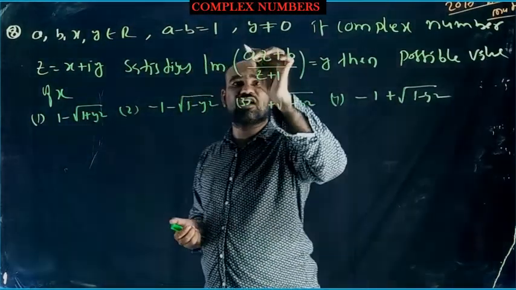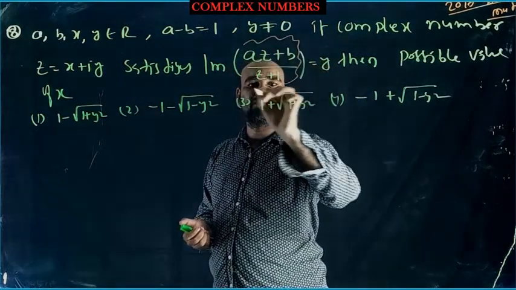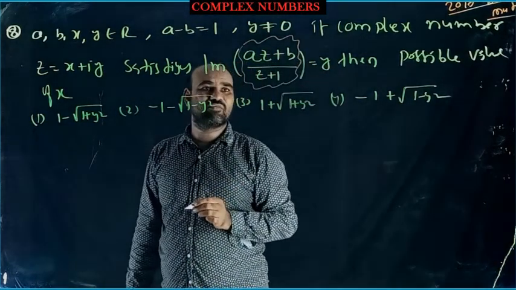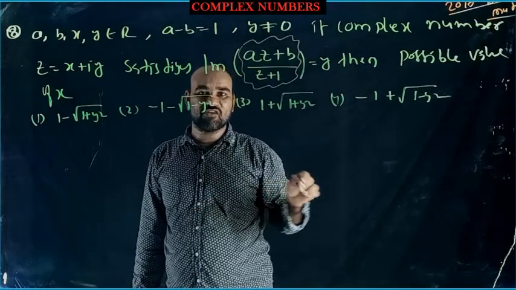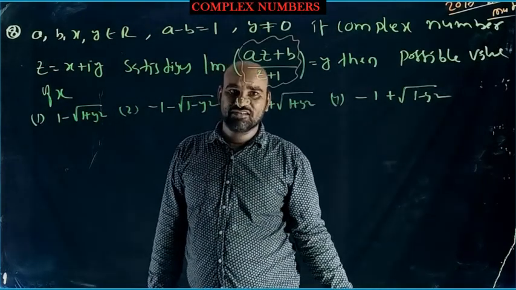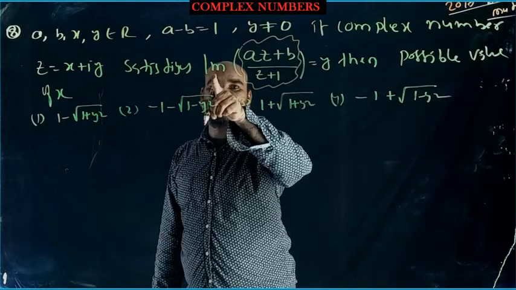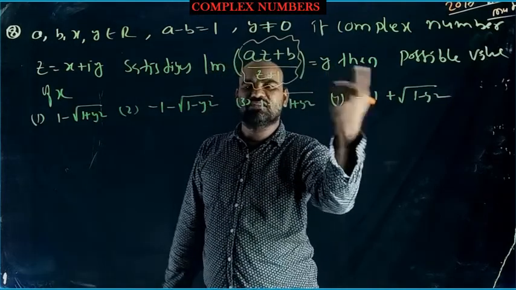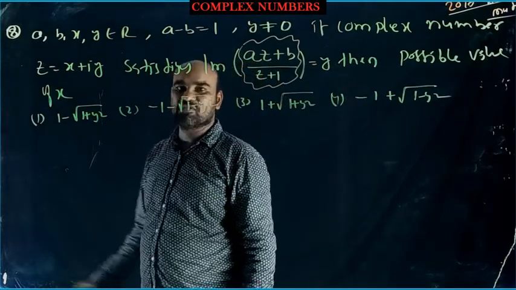We just want to find (az plus b) by (z plus 1) in the form of x plus iota y. From the imaginary part, equating it to y, we will get the solution. Not a big problem.